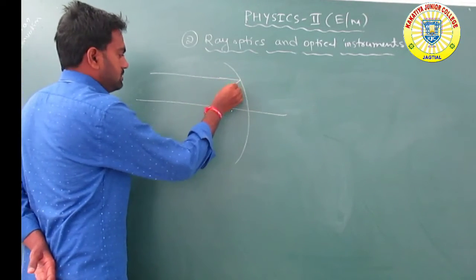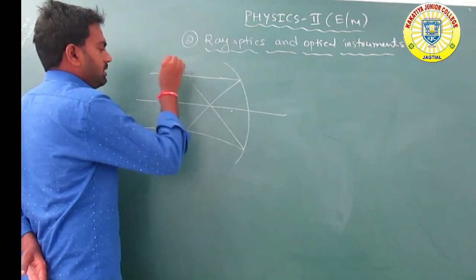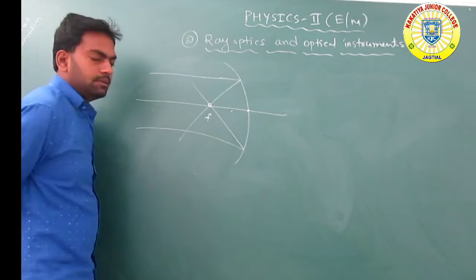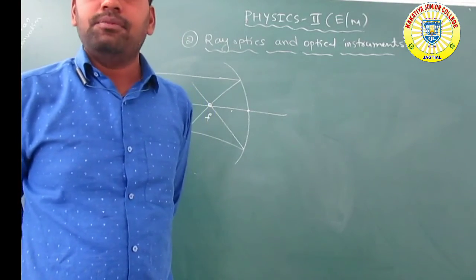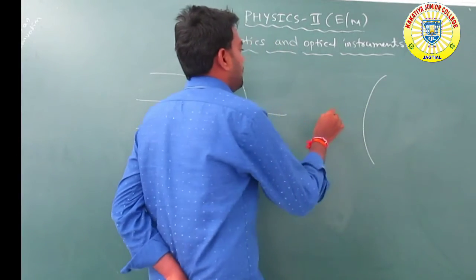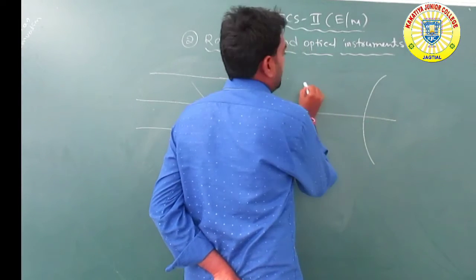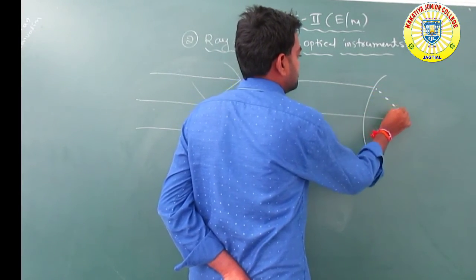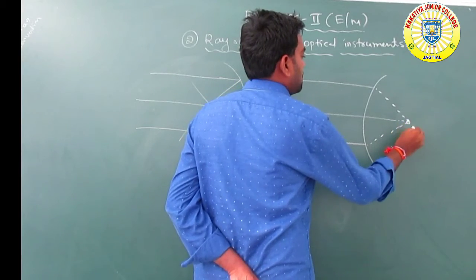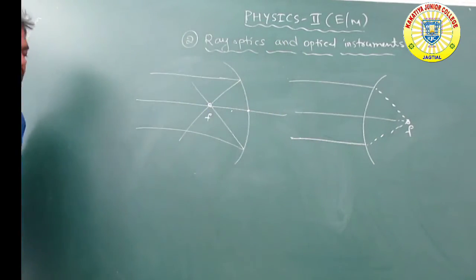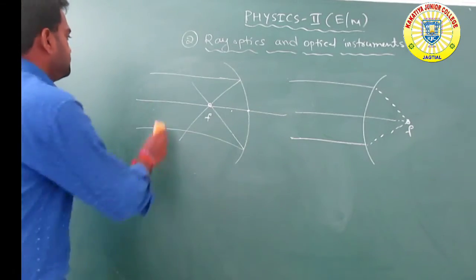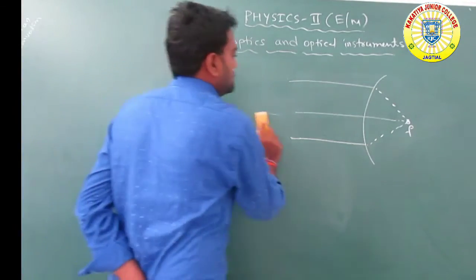This is the incident ray, and this is the focus, denoted by F. The length between the focus and the pole of the mirror is the focal length. Similarly for a convex lens, this is the principal focus with the incident light. So we discussed the convex and concave lens, the focal length and the focus.